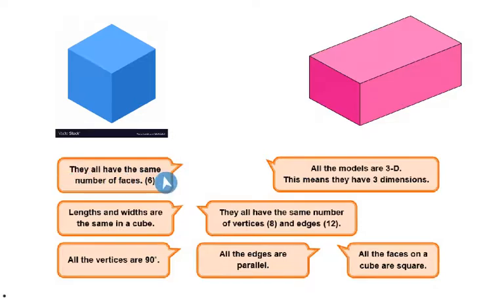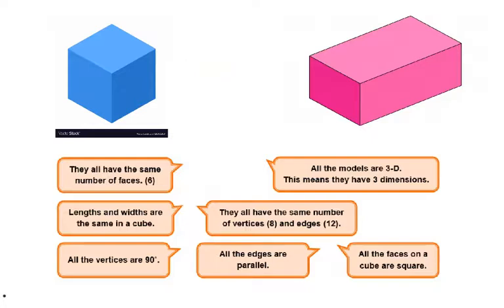So they all have the same number of faces, which, if you remember the big flat bits, they've all got 6 of those faces. Let's look at this one down here. All vertices are 90 degrees, which means they are right angles.